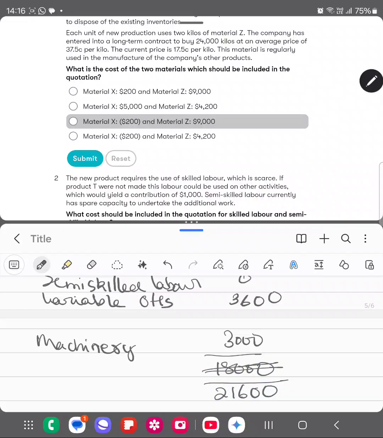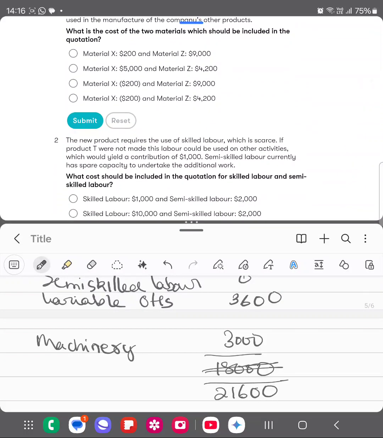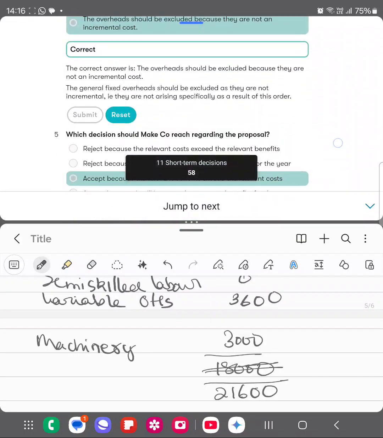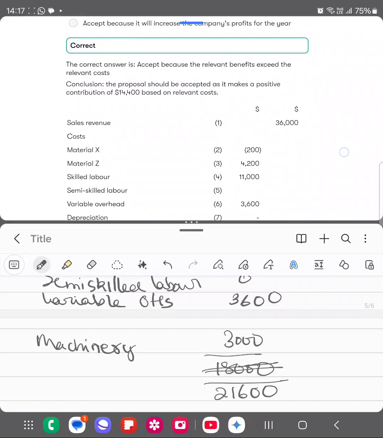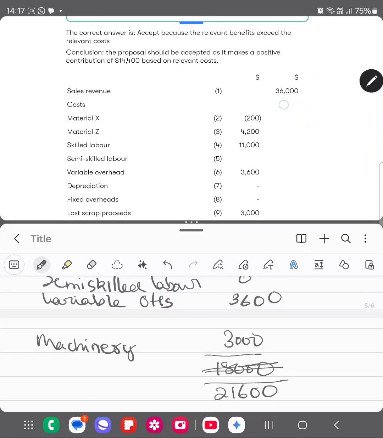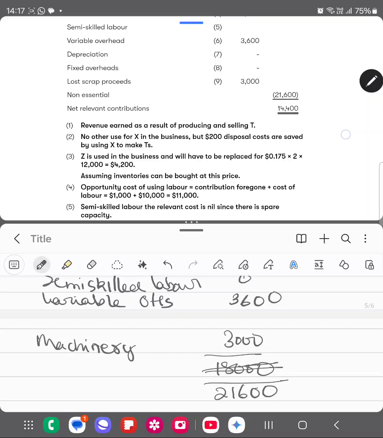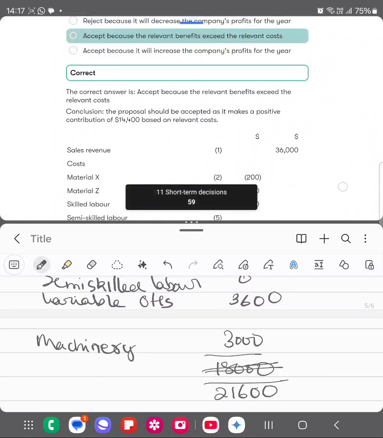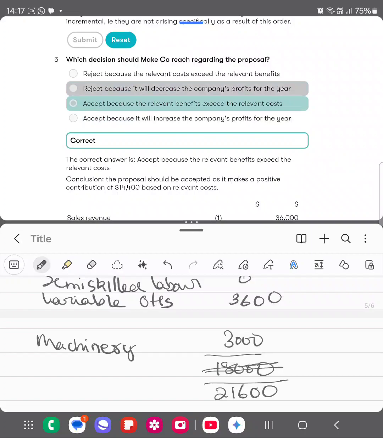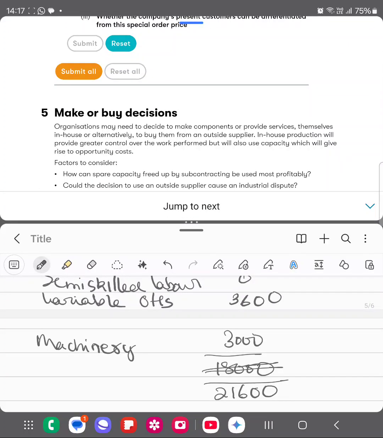So in any case, my relevant cost is 21,600, right? And what is my revenue? It is 36,000. So it is exceeding, right? So my answer is correct. All right.